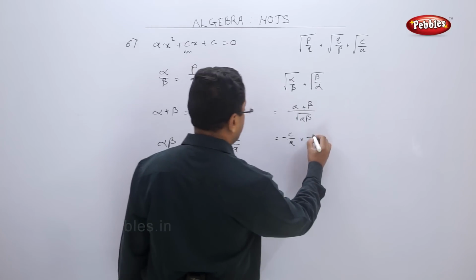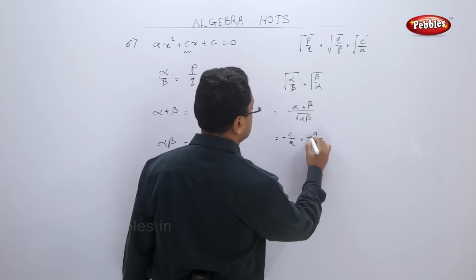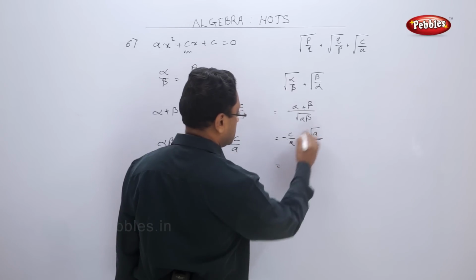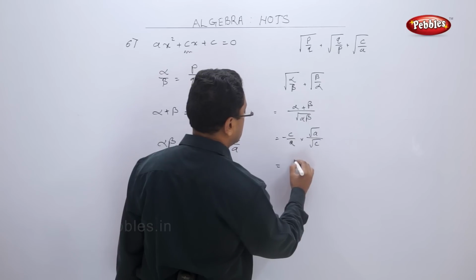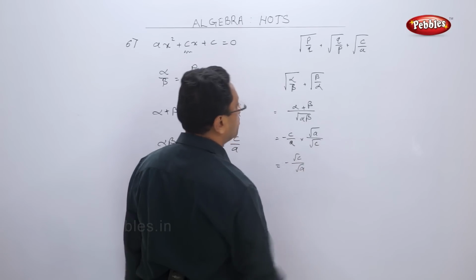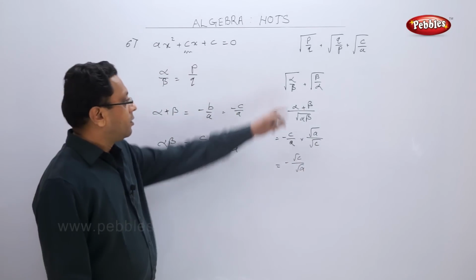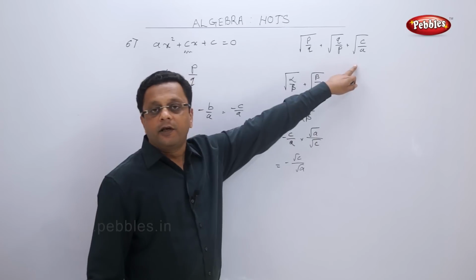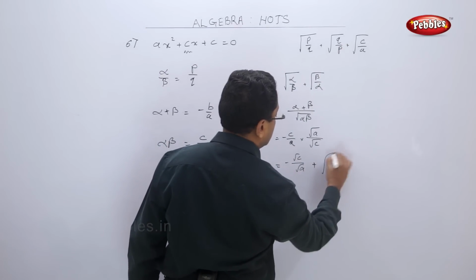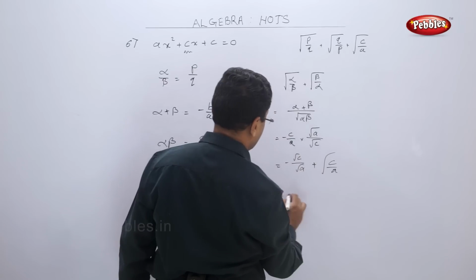So here we'll have a upon c. Now when you solve this, we will have root c upon root a minus. So we'll put it here. So plus we have under root c upon a, so equal to 0.